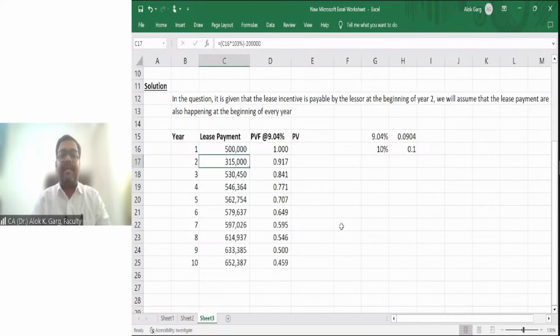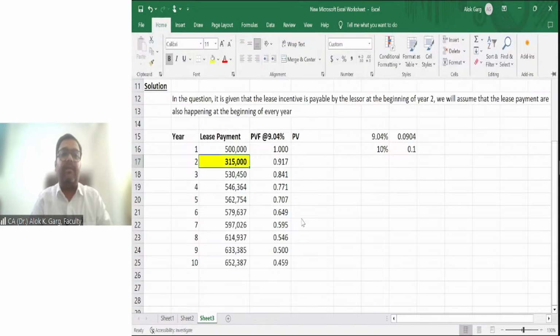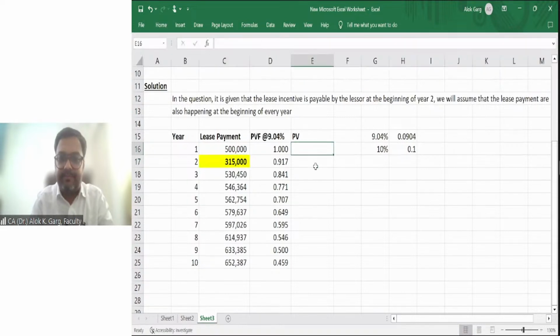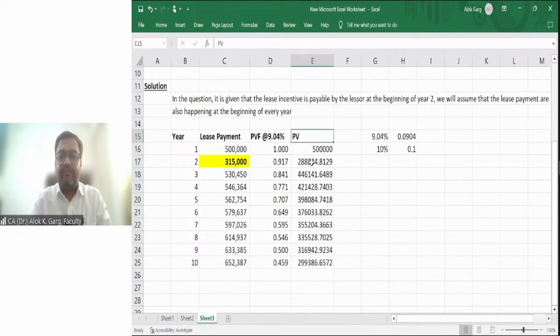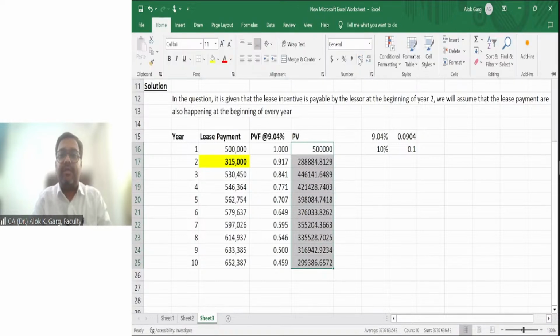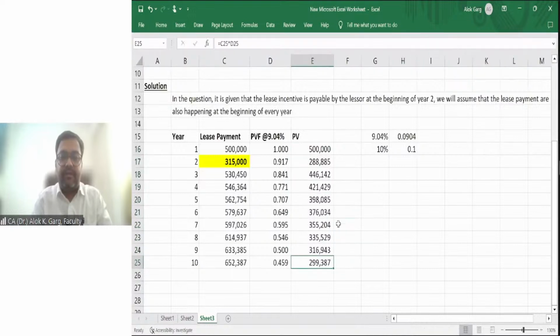So the second year payment becomes 3,15,000. When I multiply this, I'll get my present value of future lease payments. It is coming out at 37,636.